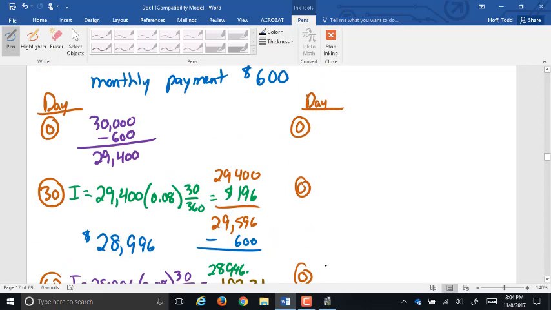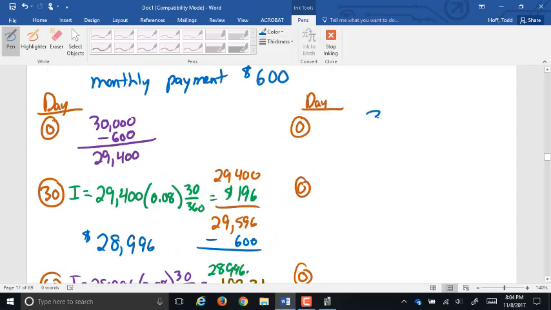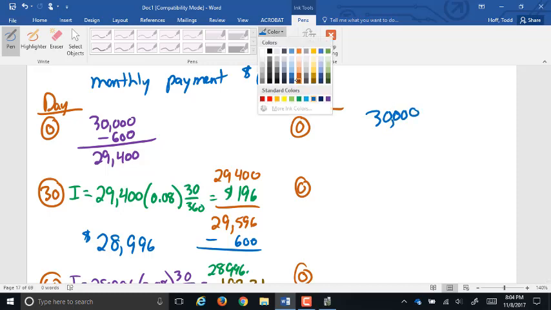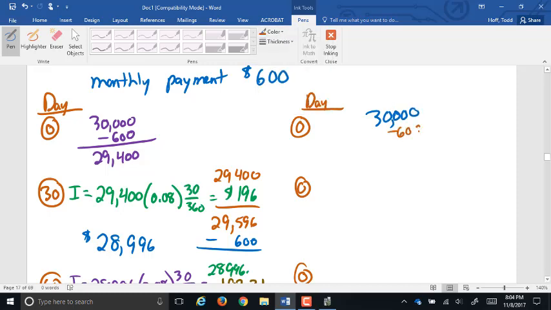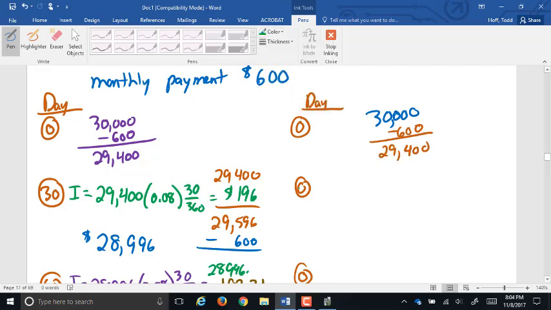Now, we're going to do the second scenario here very quickly together. Started out at $30,000. We make a payment of $600. We're at $29,400. Second payment, still on day 0. $29,400 minus $600 is $28,800.